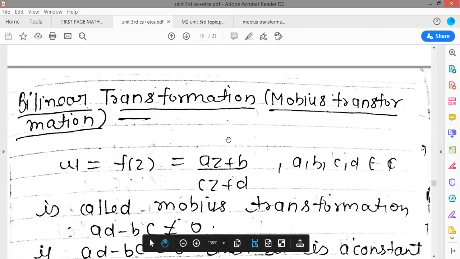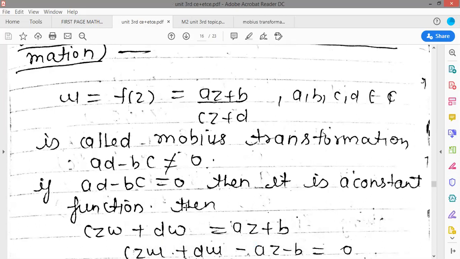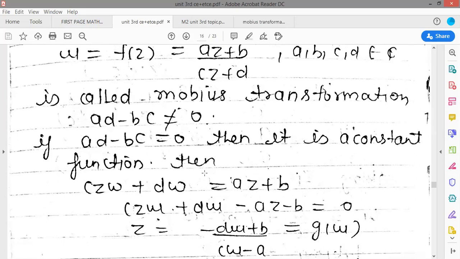If a transformation is given in this form and the condition ad minus bc does not equal 0 is satisfied, then we can say the transformation is a Mobius transformation. Here a, b, c, d belong to the complex numbers. If ad minus bc is equal to 0, then it is a constant function.